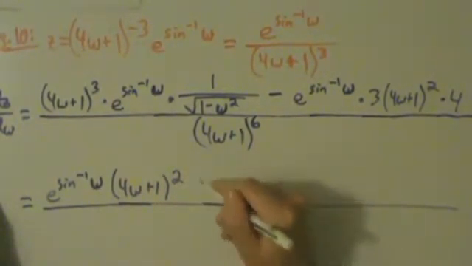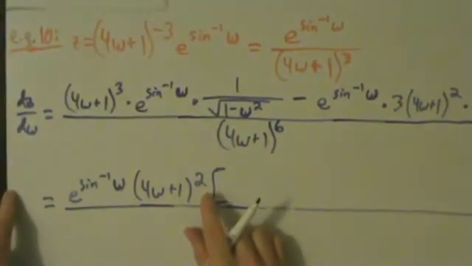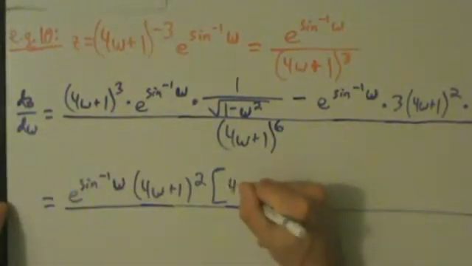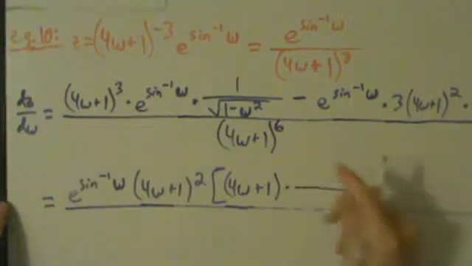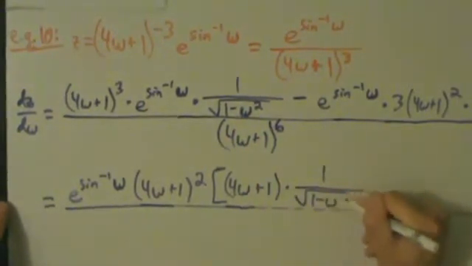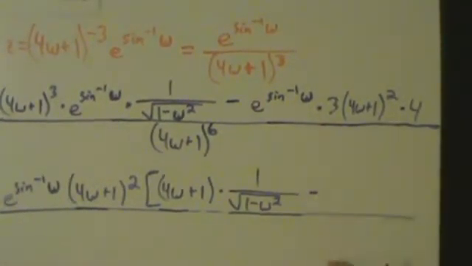All right, and now what's left here? Well, if we pulled out a 4w plus 1 squared, then here's 4w plus 1 cubed, so we're still going to have a 4w plus 1 left. And then multiplied by 1 over root 1 minus w squared. That's still there. And then we still have minus what?